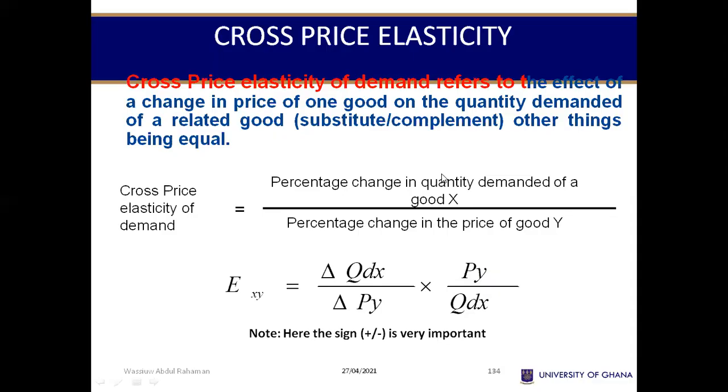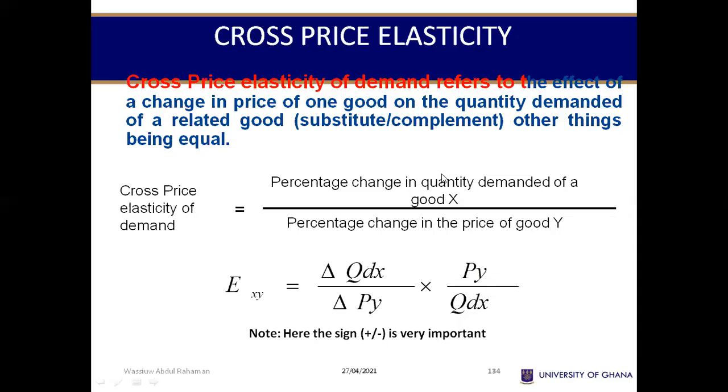For instance, if I want to find the cross price elasticity for Milo with respect to a change in the price of Bonvita, I am looking at the percentage change in quantity demanded for Milo divided by the percentage change in price for Bonvita. If the answer comes out positive, then I can say that Bonvita and Milo are substitutes. So if the cross price elasticity of demand is positive, the two commodities involved are substitutes. But if it is negative, then the two commodities are complements.